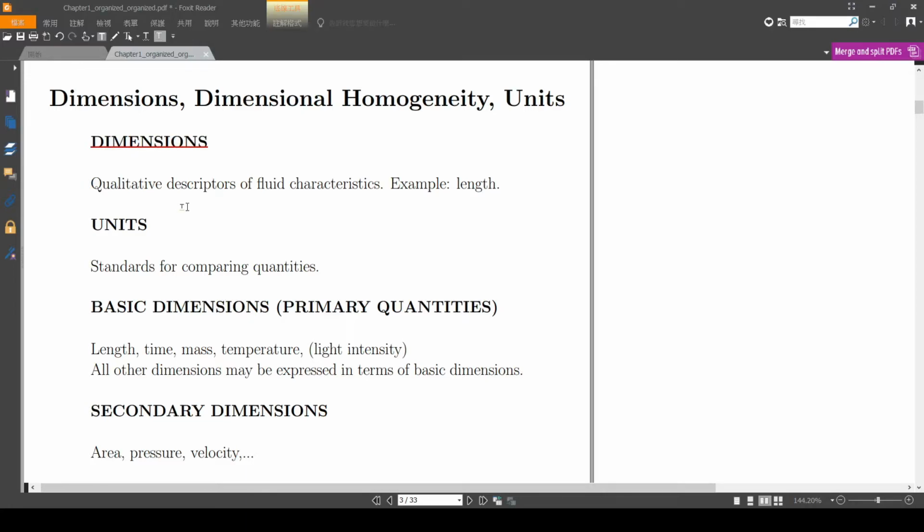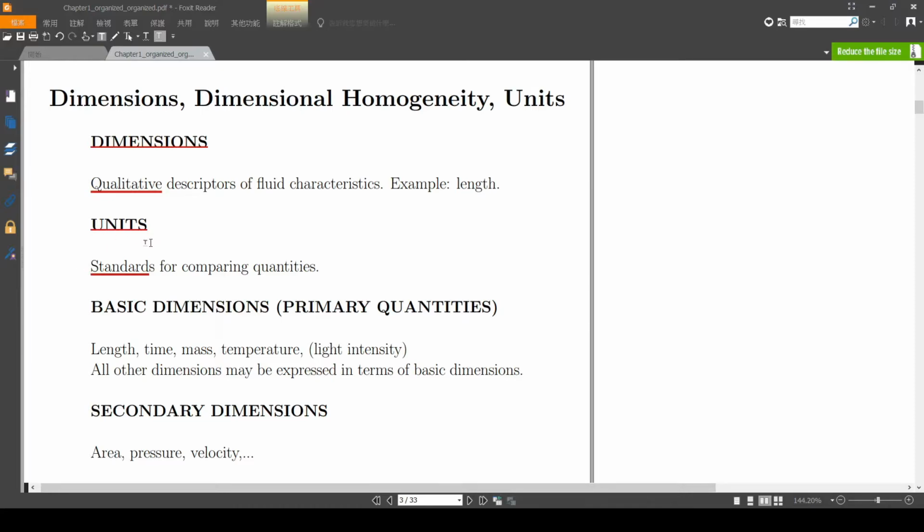The qualitative aspect identifies the nature of the fluid characteristics, like the length, the time, the stress, the velocity, while the quantitative aspect provides a numerical measure of the characteristics. This quantitative description requires both a number and a standard.